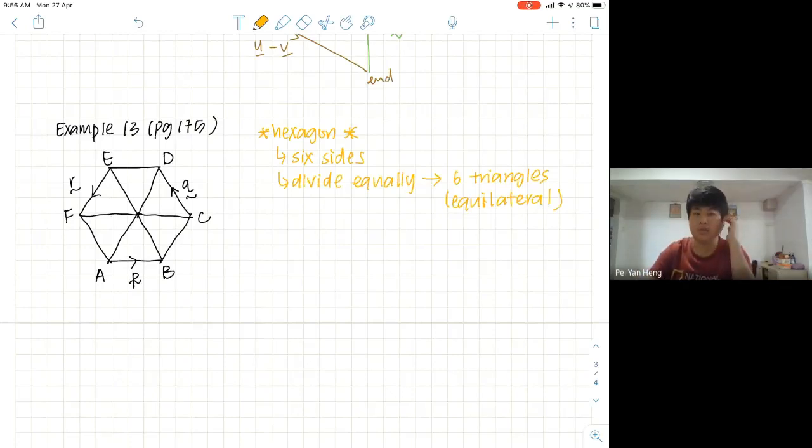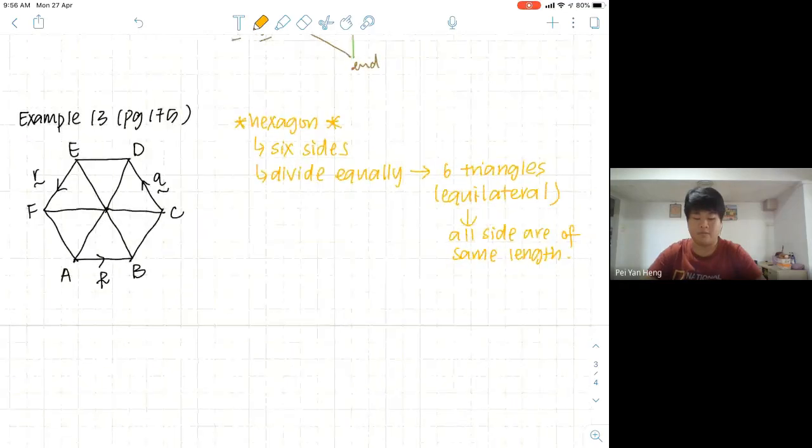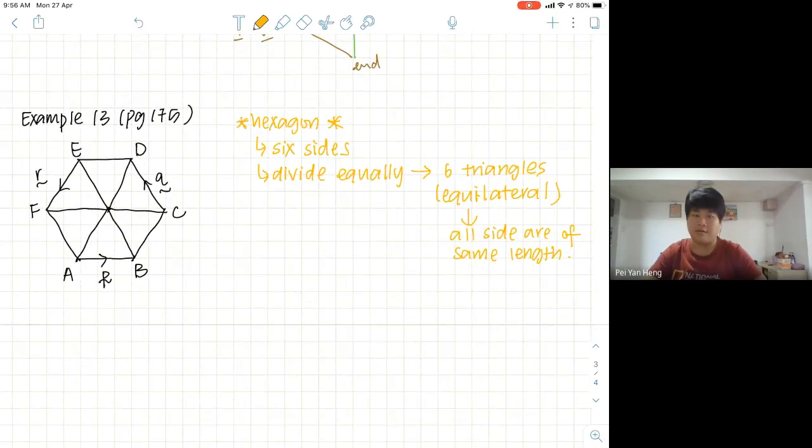They are equilateral triangles. So what's so unique about equilateral triangles? All sides are of the same length. But you need to take note here: although everything is of the same length, the directions matter when it comes to vectors.